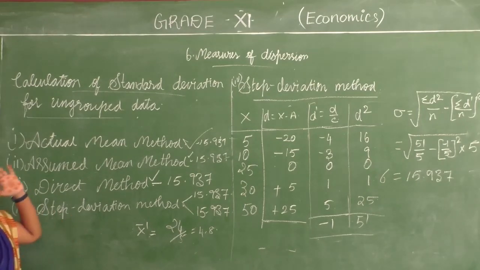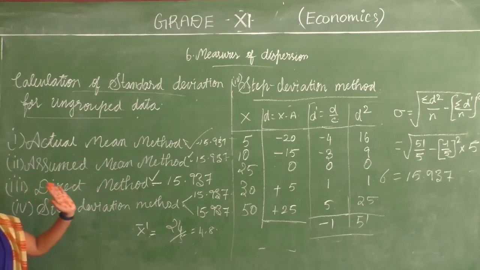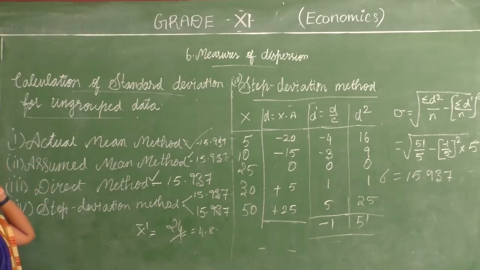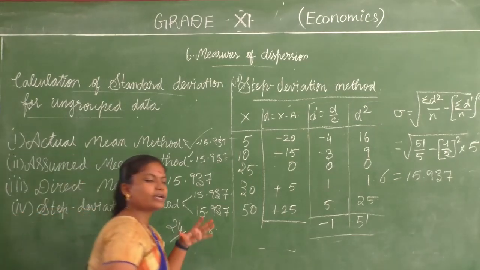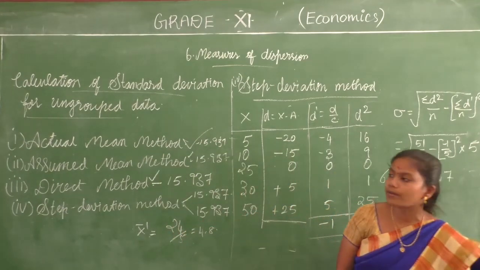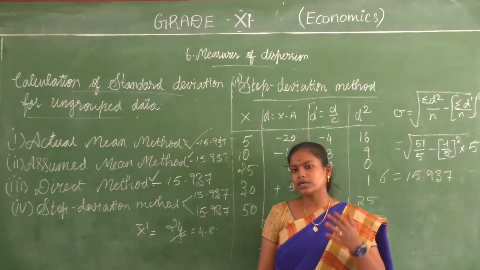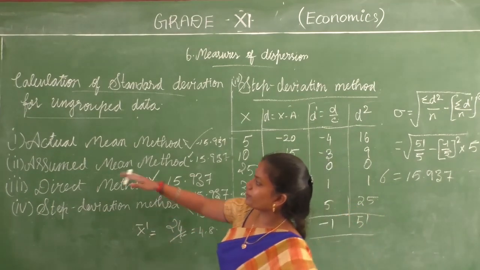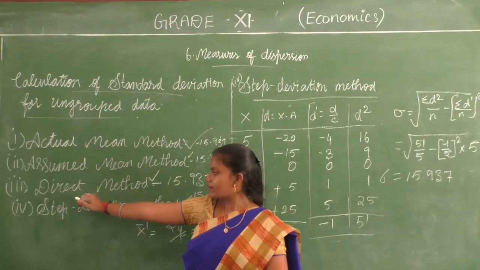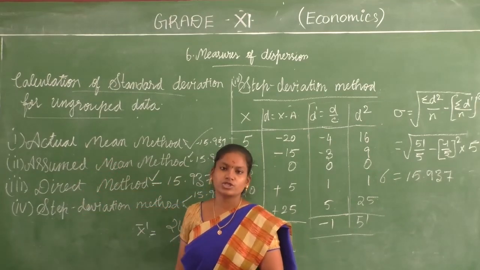So what have we discussed so far, children? Calculation of standard deviation for ungrouped data, that is, when there is no frequency and only x values are given, how do we calculate? We have discussed the methods: the actual mean method, assumed mean method, direct method, step deviation method.